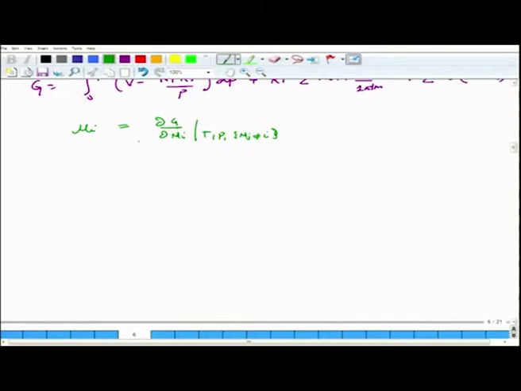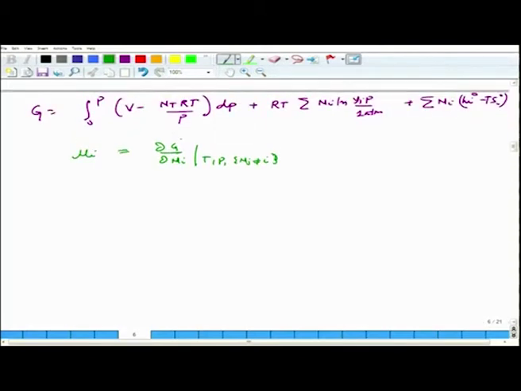So, what is the partial derivative of G with respect to Ni? Remember, this Nt is summation Ni.